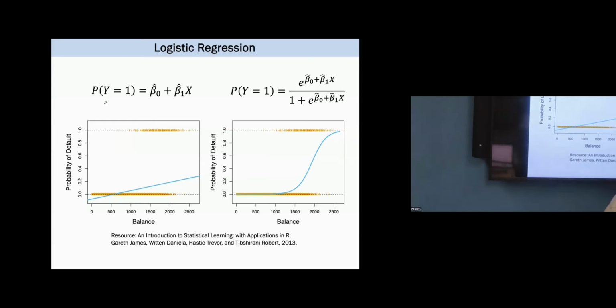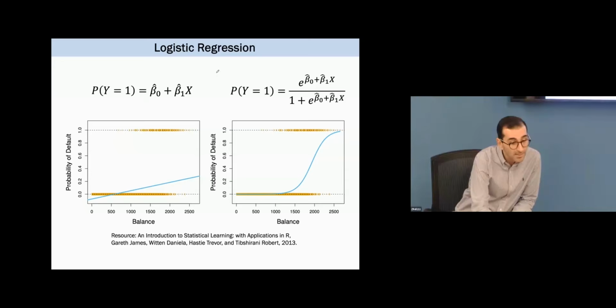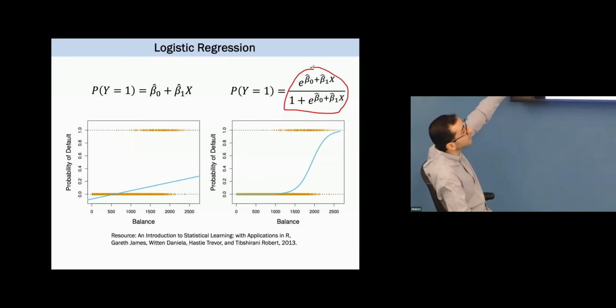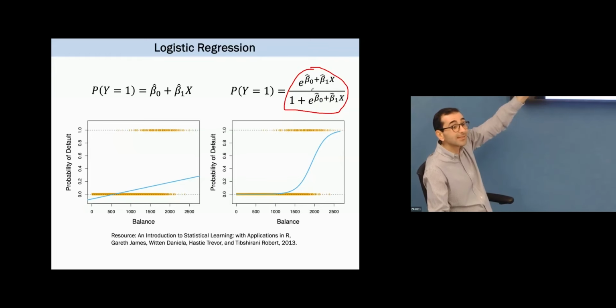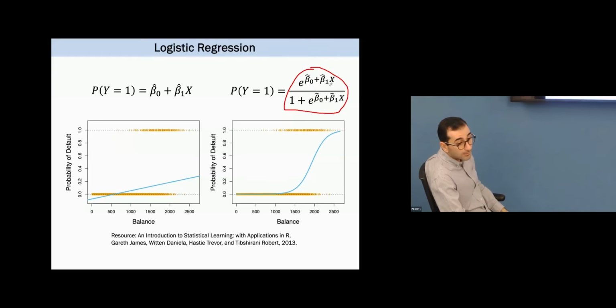What is the remedy to that one? Anytime you have a binary outcome and you want to apply a model, use the logistic regression. And what is the logistic regression? Instead of just taking the linear combination of your data, we're going to take e to the power of the linear combination of your data divided by 1 plus e to the power of the same linear combination.